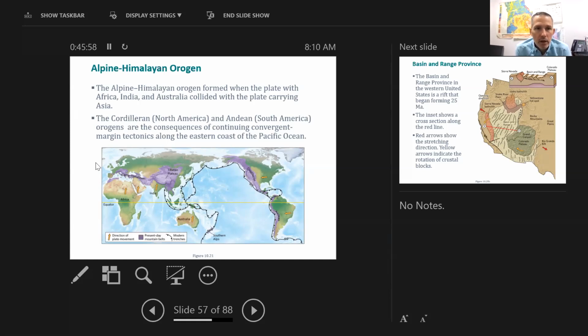In the same time, the Cordilleran is still enlarging, and the Andes mountains are also becoming more mountainous, associated with that subduction of the Pacific plate.